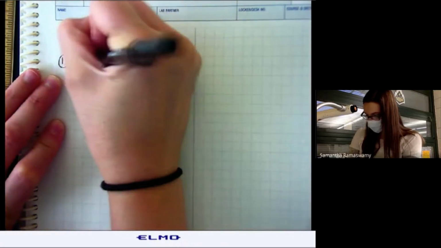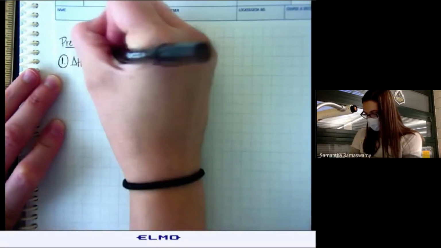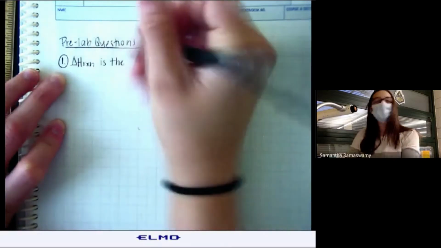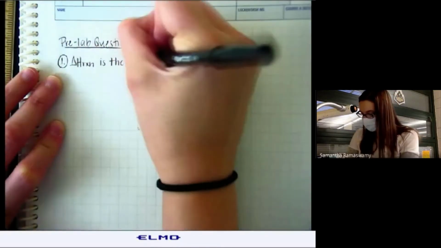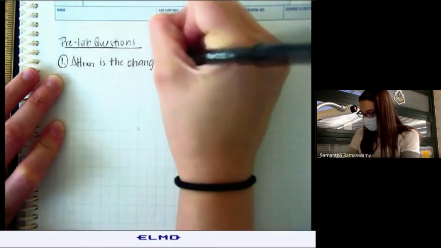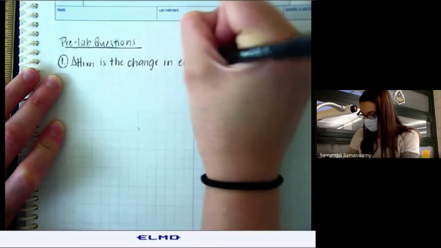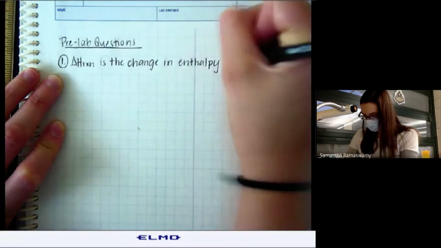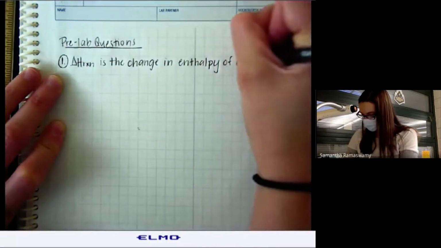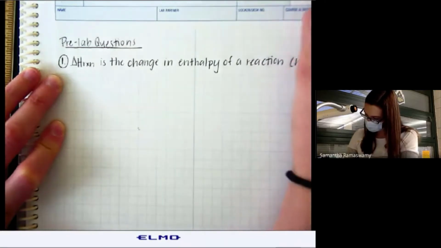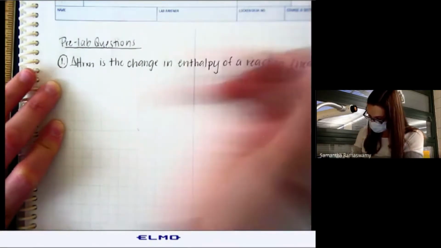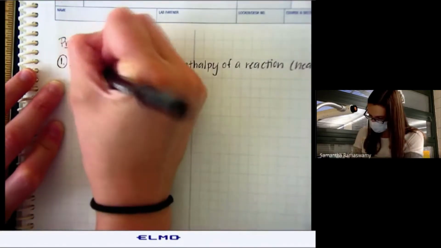So number 1, delta H reaction. Delta means change in. So we'll say it's the change in enthalpy of a reaction. And in parentheses, I'm going to say heat absorbed or released.